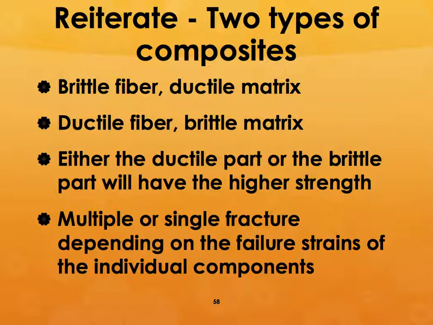There is only a point if the matrix and the fibers have opposite types of properties. And you can have either the ductile part or the brittle part, which will have the highest strength. Based on that, and based on the failure strengths, you can predict whether the composite is going to have multiple fracture or single fracture.